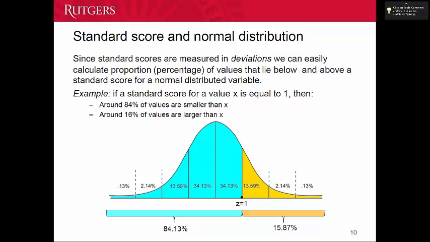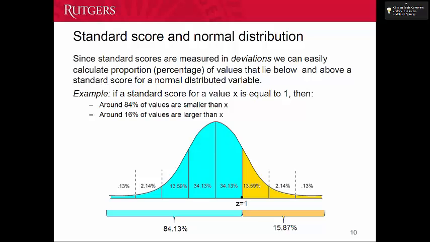Since standard scores are measured in deviations, we can easily calculate the proportion or percentage of values that lie below and above a standard score for a normally distributed variable.